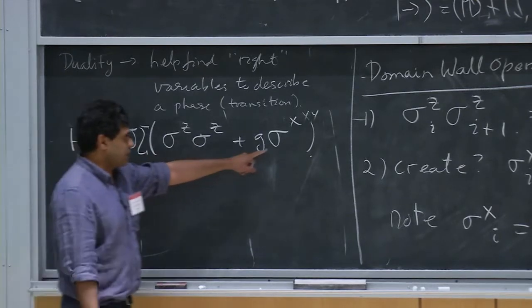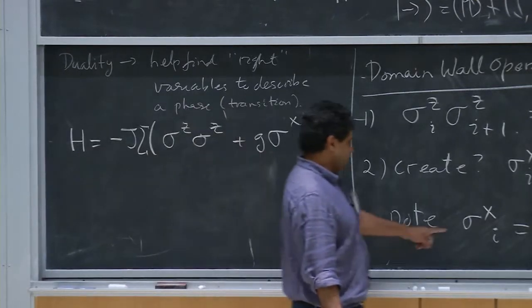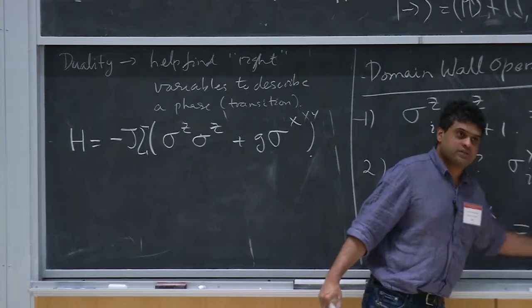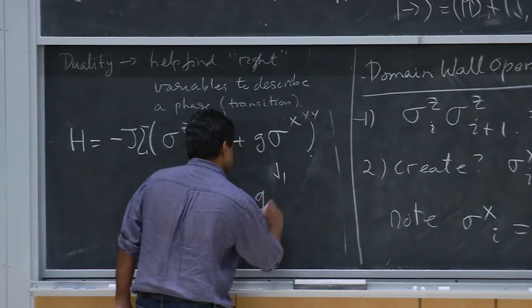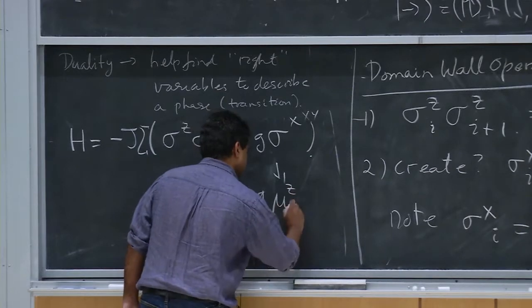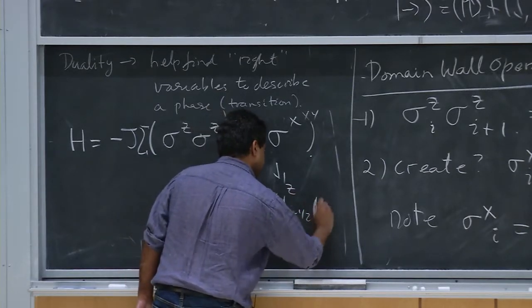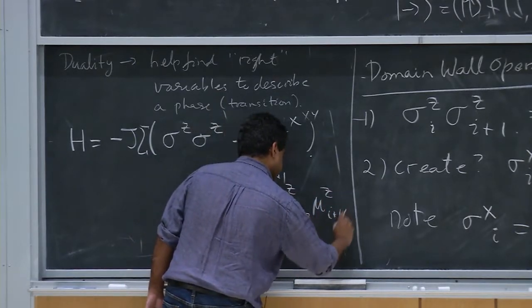That's easy to do. Sigma x. Well, I just figured out what sigma x was. It's the product of these things, right? So this becomes g times mu z I minus half mu z I plus half.